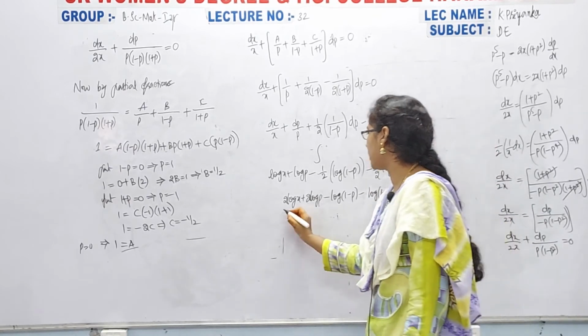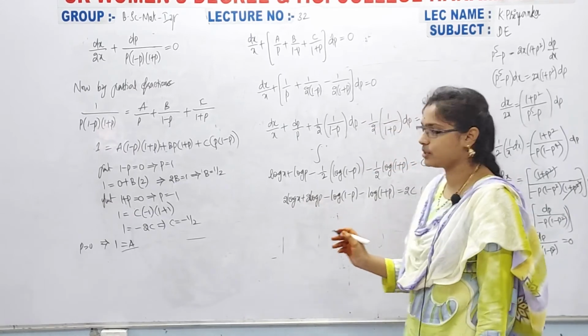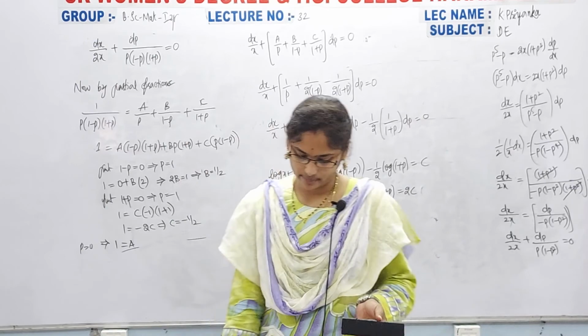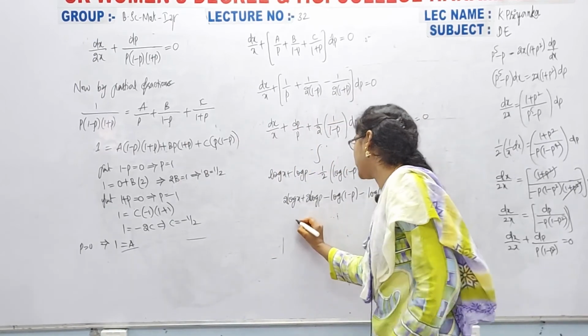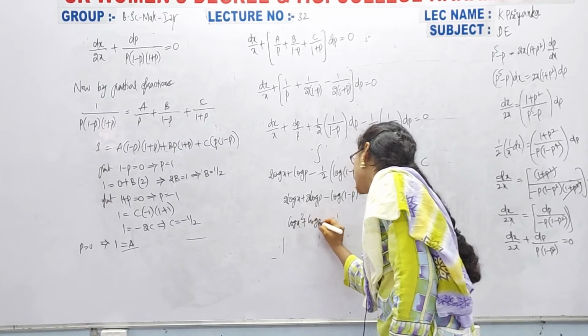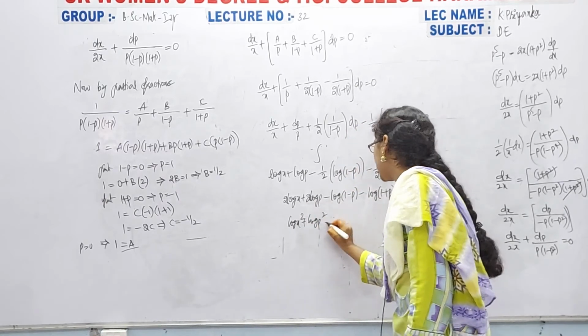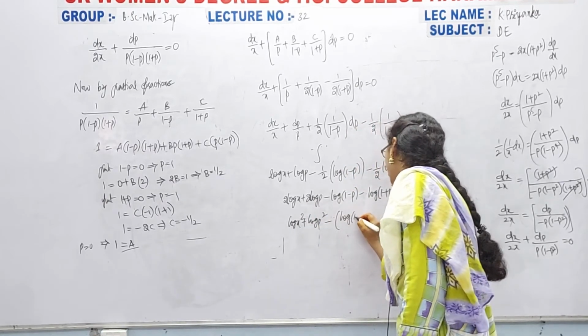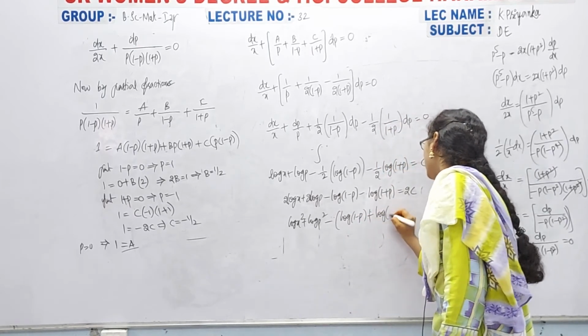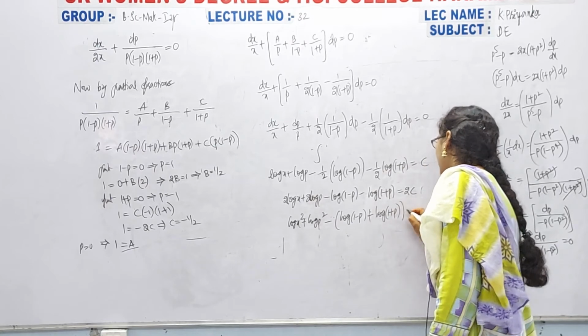Now you can write this in terms of log ab form also. Here log of x square plus log of p square, minus of log of 1 minus p plus log of 1 plus p equal to 2c.